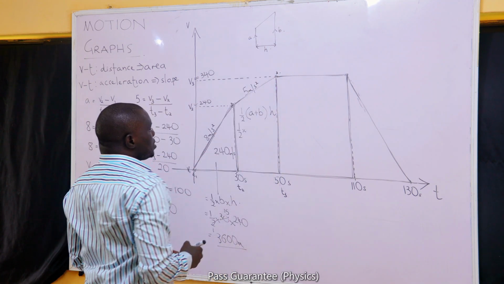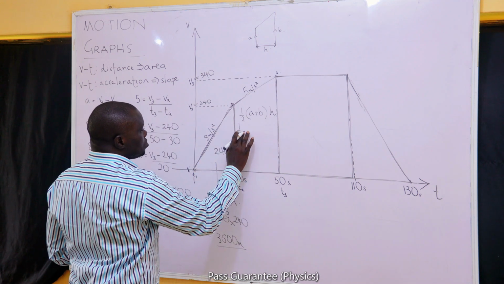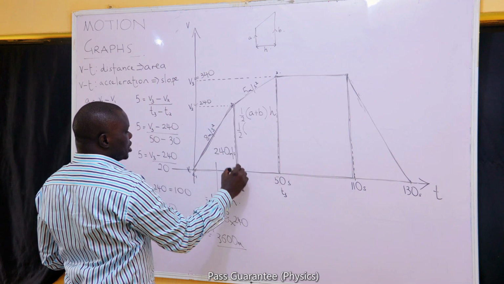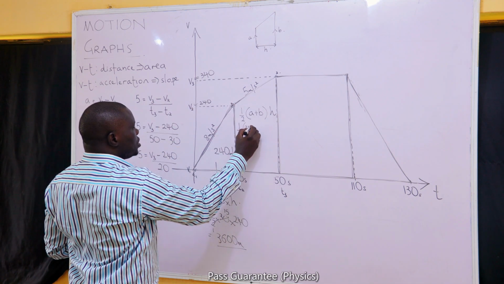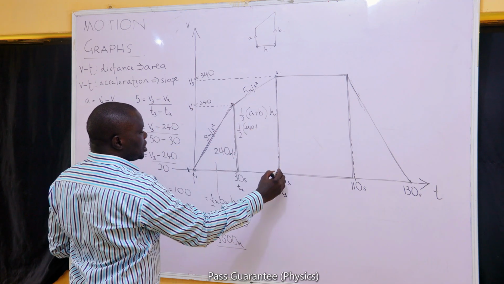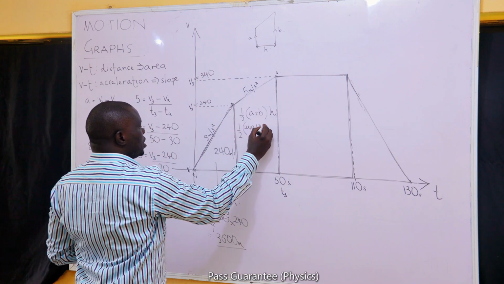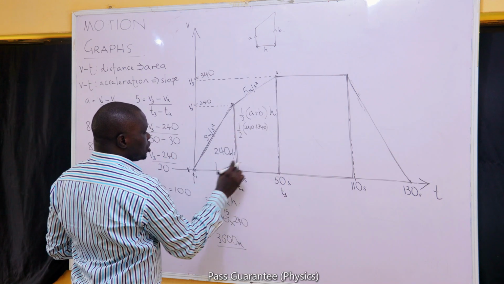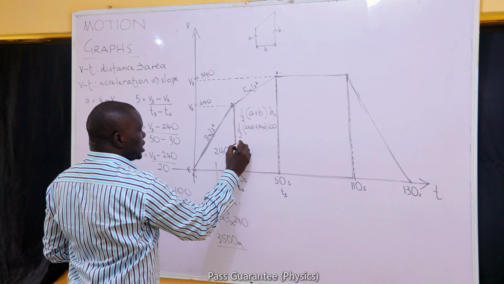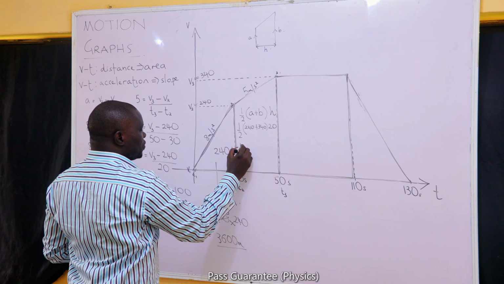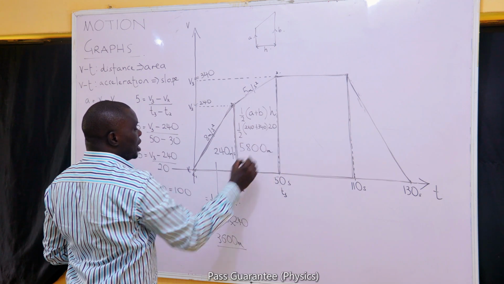That's the height. So our a in this case should be from here to here, which is represented on the y-axis as 240, plus our b in this case is from here to here, which is represented on this graph as 340. Then our height is the distance between the two parallel sides, and that is 20. If you do that, you will have 5,800 meters, which is exactly what we had earlier.